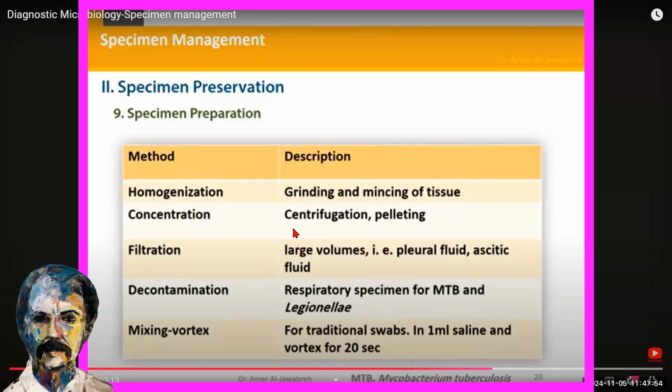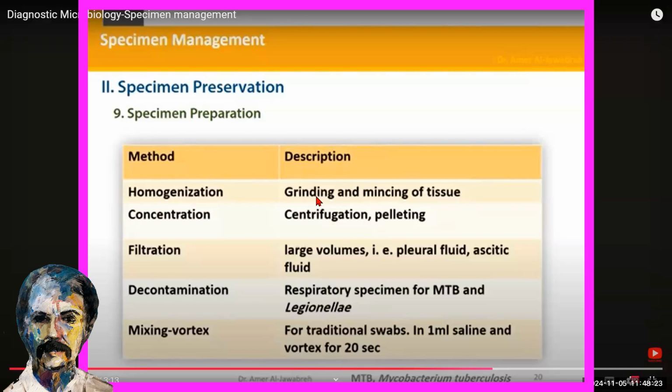We added on the bone, small piece of bone, we added sterile saline, and then we started manually grinding and grinding. So grind until the bone became just like a fluid or like a suspension. And then we took 100 microliters of this suspension or 1 drop and spread it on blood agar. See what we did? Grinding and mincing, tissue and bone.